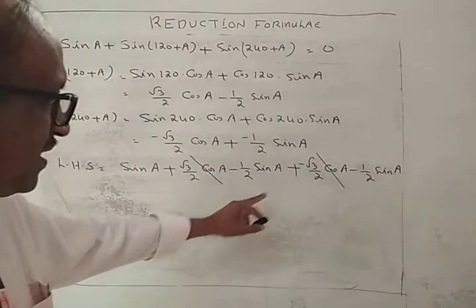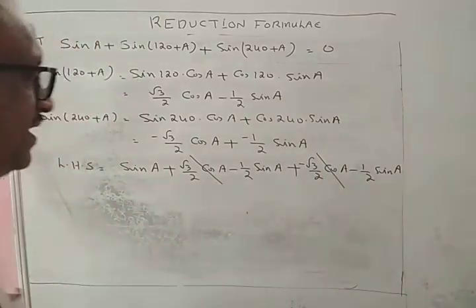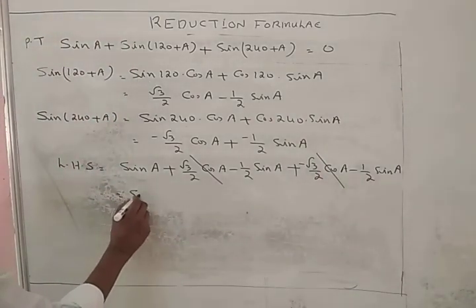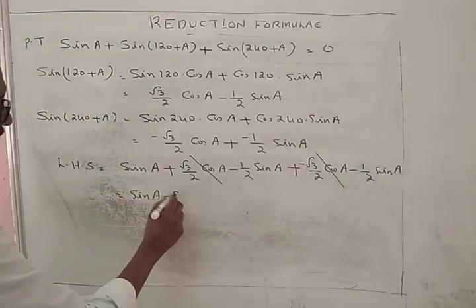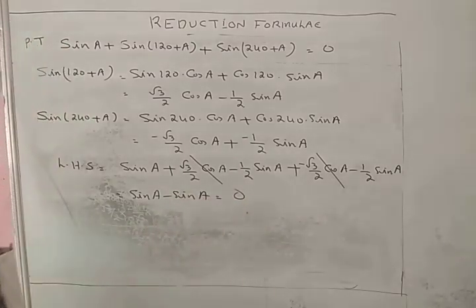This is minus half, this is minus half sin A. Minus half sin A and minus half sin A is full minus sin A. Sin A minus sin A is equal to 0. This is the end of today's class.